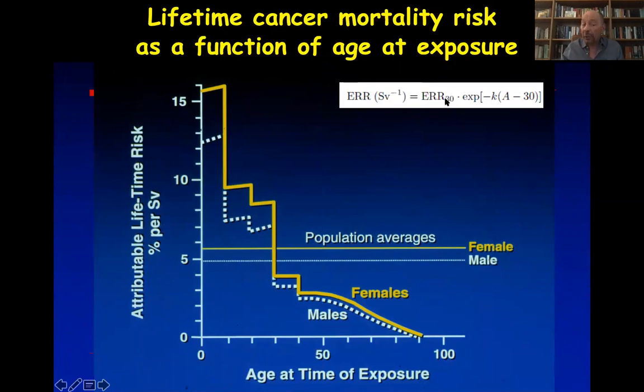So ERR at 30 years old here, exponential minus K times A minus 30, where A is the age at exposure. So this is described as an exponential using this form. So if you find in a table the excess relative risk at 30 years, you can calculate the excess relative risk at any age using this formula.